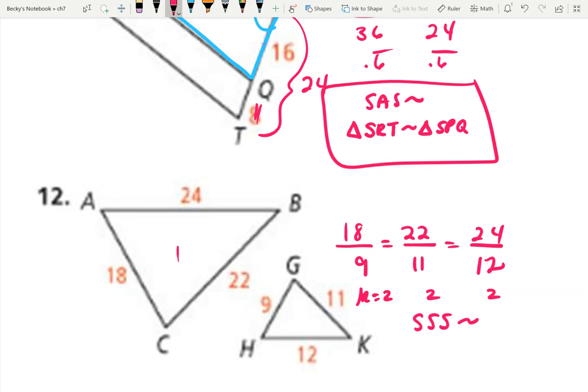Now, where it gets confusing is doing the similarity statement. That sometimes gets confusing. So for this one, A is in between, let's see, the longest side and the smallest side.